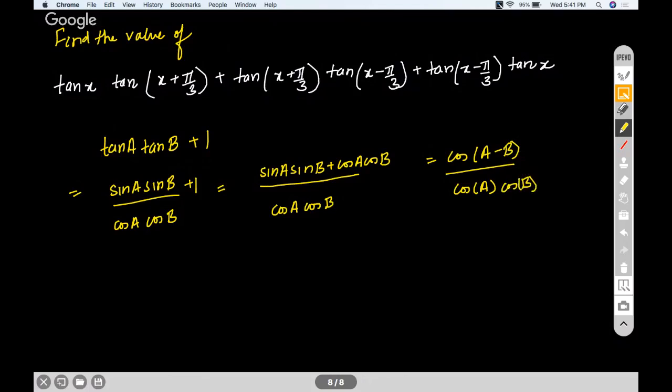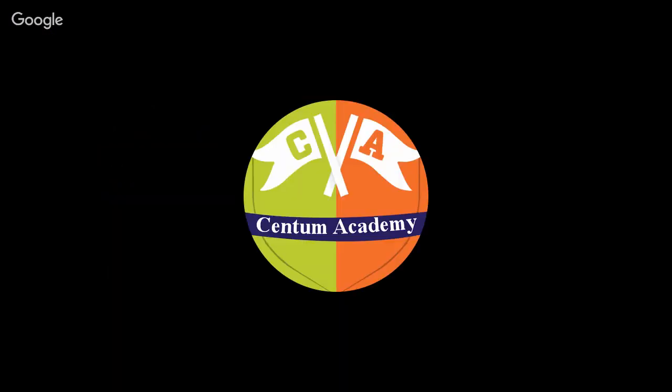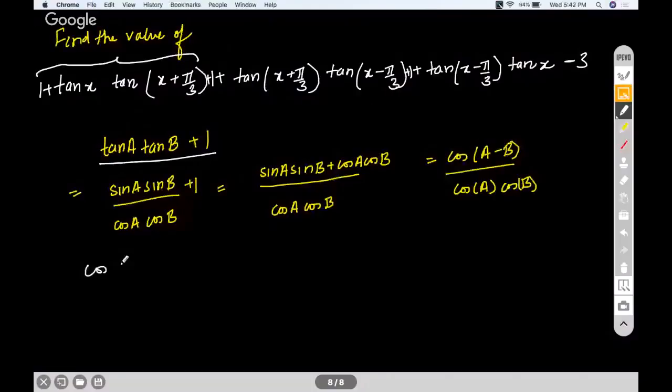Now let us try applying this to all these terms. Let's add a 1, 1, and 1 to each of these terms and subtract a 3 over here. Now this fits into this formula of 1 plus tan A tan B. So I can write this as cos A minus B, which is pi by 3, divided by cos x plus pi by 3.